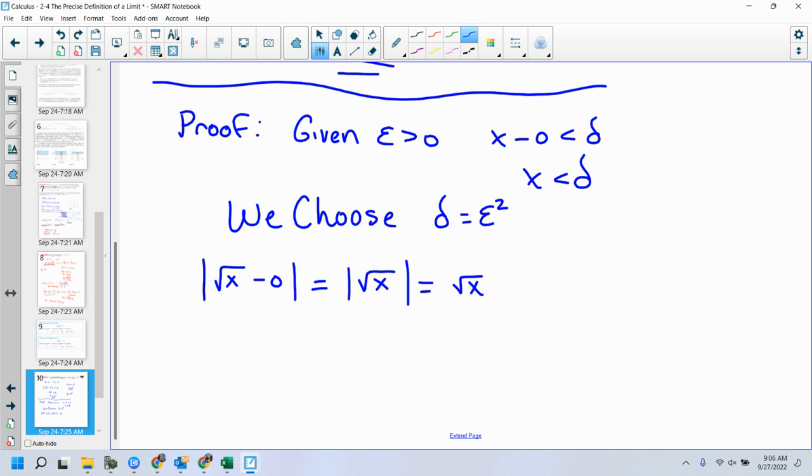Now, take a look here. If I have the square root of x here, and I know x is less than delta, take a look at this statement. What if I square root both sides?